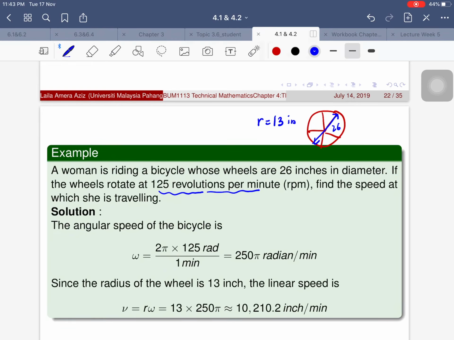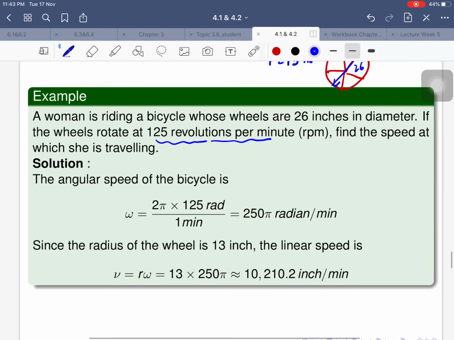So you can find the linear velocity right away, instead of having to find the angular speed and then convert it to the linear velocity. But this is just an example of how they are related.